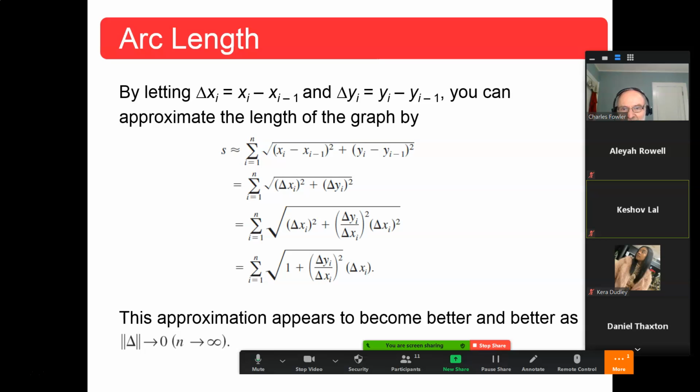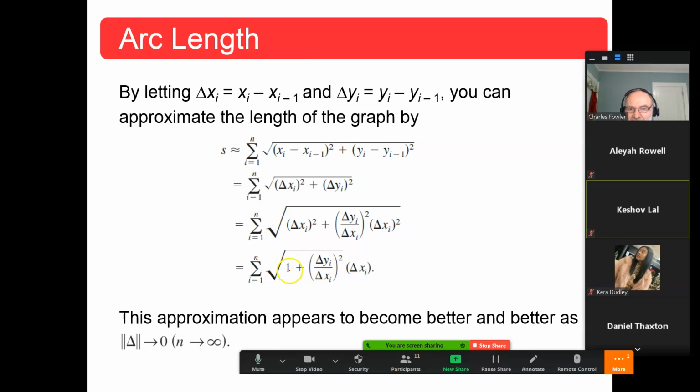And then you sum all those up, and here's the interesting thing. Here's the trick they use. This is pretty straightforward. This is your delta x squared. That's your delta y squared. Now here's what they do. The way they've done it is weird, but they divide everything inside the radical by delta x sub i squared.